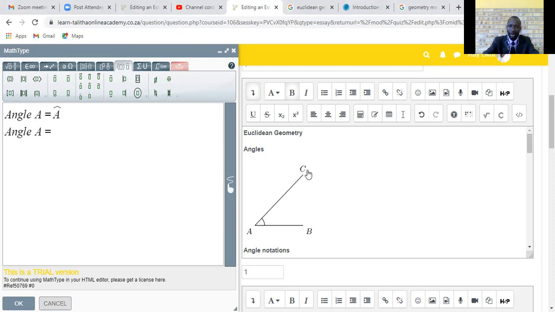That is, we now look at CAB. And so we can say angle A can also be written as CAB, with A, the middle letter, being the angle. In this case, we still write A with a caret on top. So this is how we represent angles.